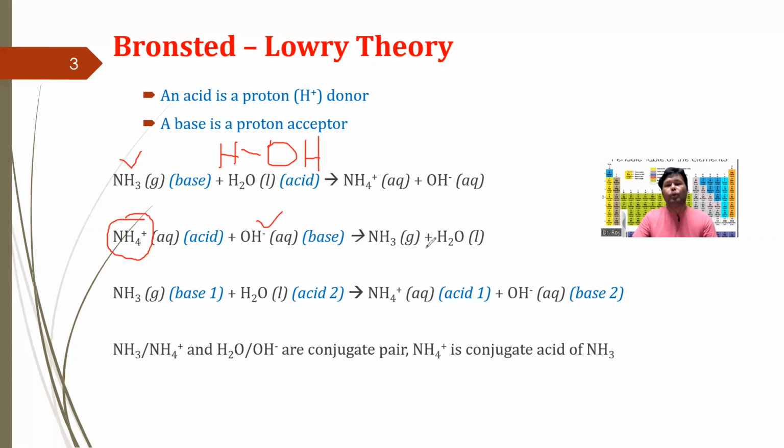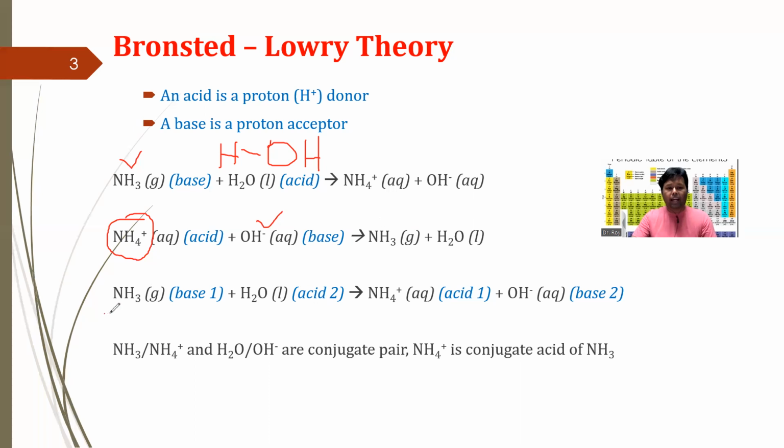Ultimately we get ammonia and water. So if we sum up both reactions, we can see NH3 is base 1, water is acid 2, and this is another acid, and this is another base.